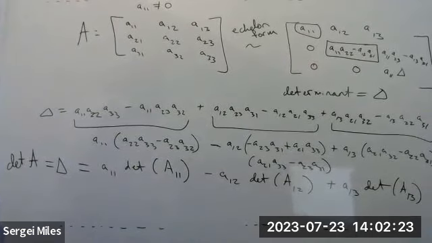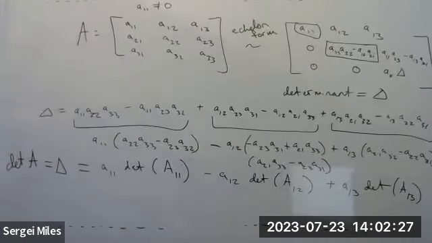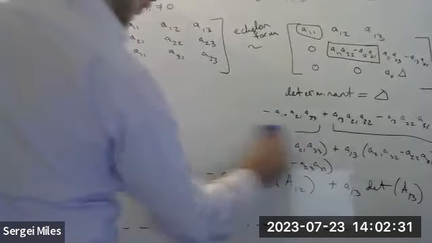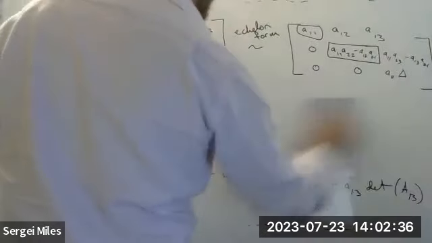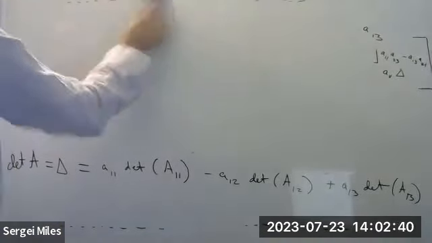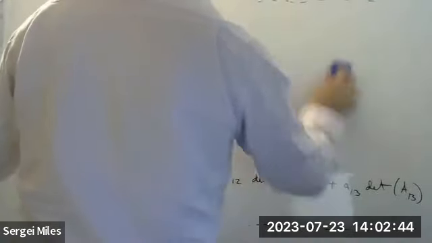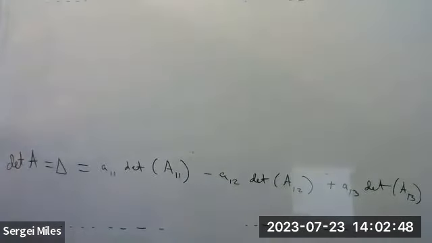And we can look at some examples. So let's do an example that uses this formula. Let's see how it works in practice. I'm going to leave the formula at the bottom. All right.